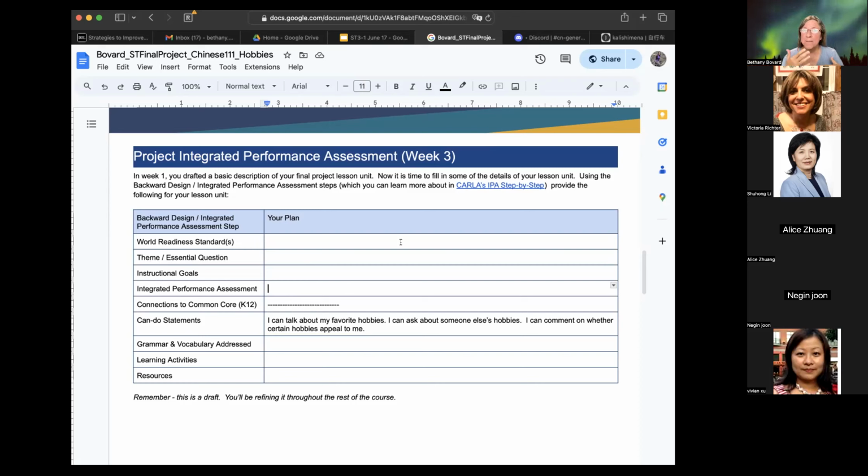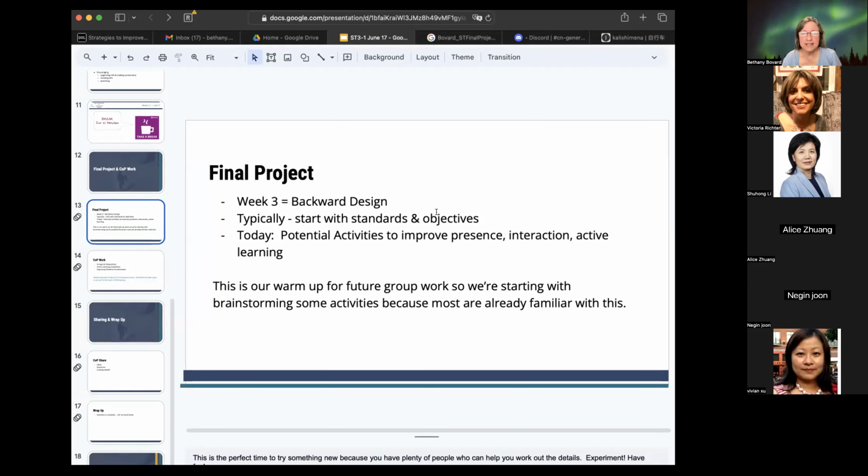But before then, I just wanted to warm us up today by brainstorming some possible active learning strategies. Victoria already shared a great one with us, and several of you have shared some too, but let's brainstorm ones that might fit with the lesson unit you're thinking about designing.